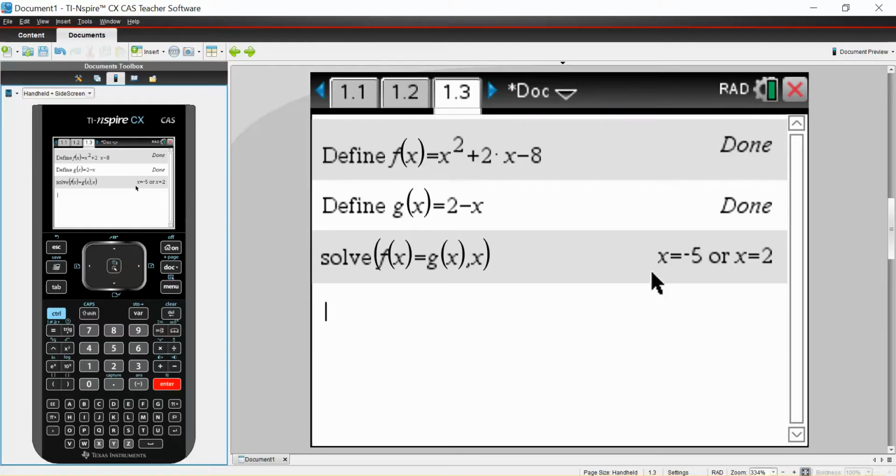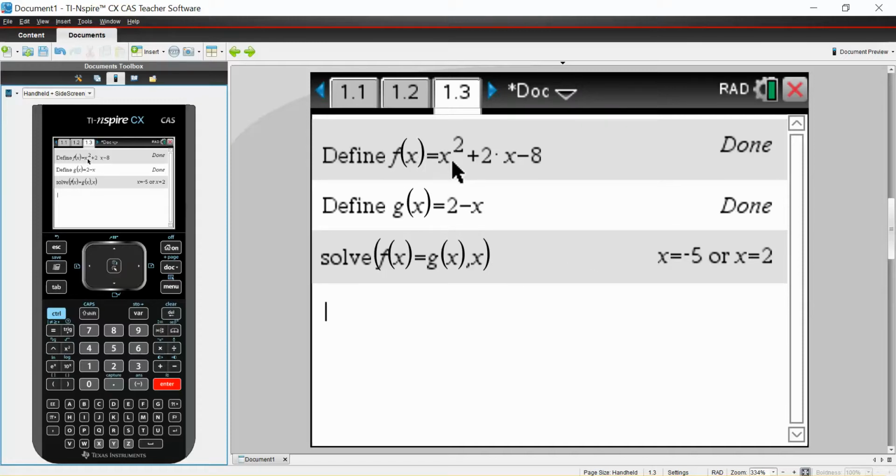Now the benefit of defining f(x) and g(x) is, one, when you type this equation, you don't have to write all this. It's less hassle, right? But also, you can find the y coordinates pretty easily. If x equals -5, you can substitute x equals -5 into the equation.